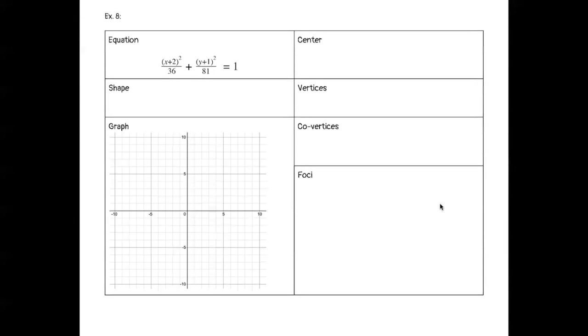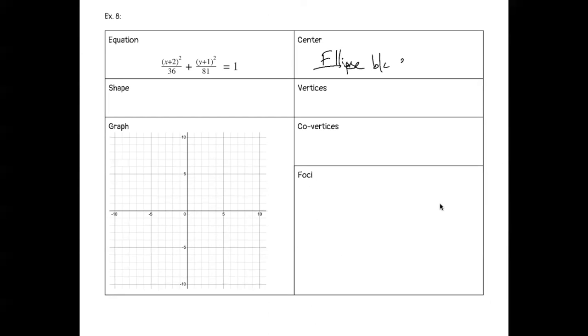All right, talk to me about example 8. Take a look at that equation. What are some things that we know? It's an ellipse, and how do you know that? A and B are different.